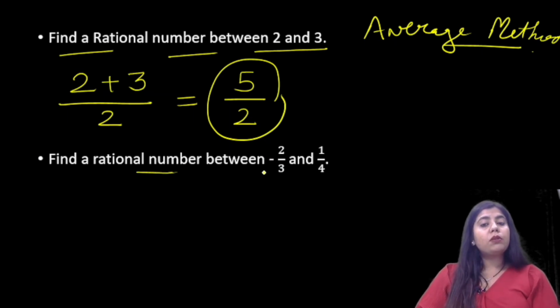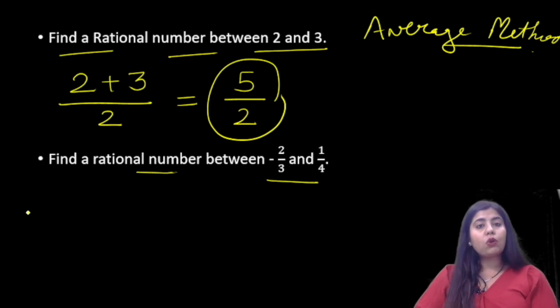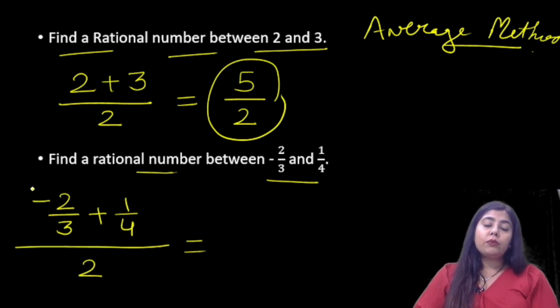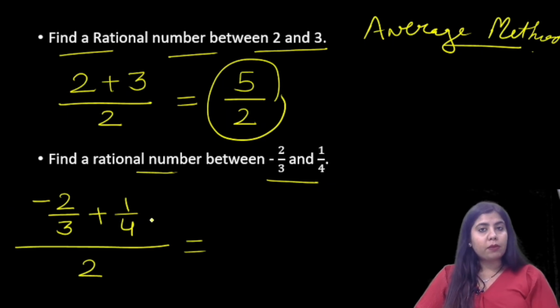Find a rational number between minus 2 by 3 and 1 by 4. Here also we have to find only one rational number, so we can easily use the average method. The average method says that we just have to add both the given numbers, minus 2 by 3 plus 1 by 4, and then divide by 2. In the numerator we have minus 2 by 3 plus 1 by 4.